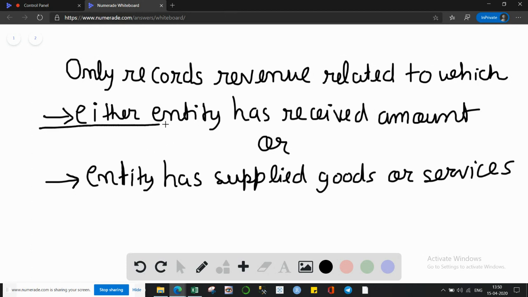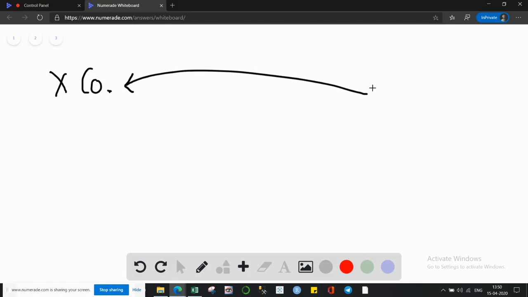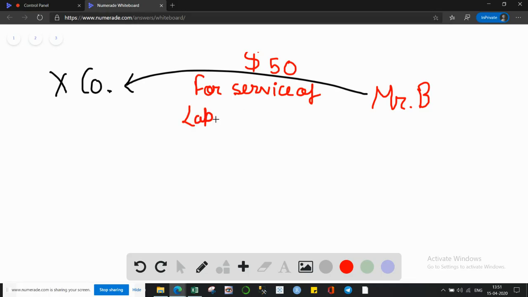Now first look at this one. Let's suppose X company receives an amount from Mr. B, $50, for the service of laptop maintenance for 1 year.